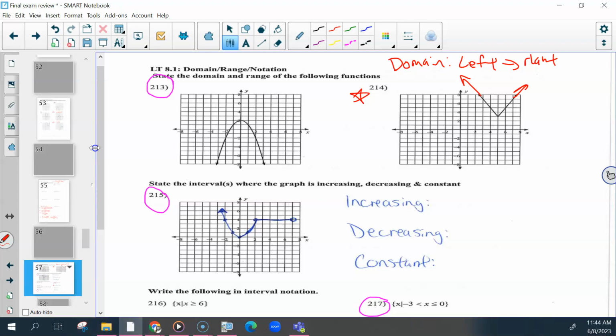So there are no stopping points. So if it keeps going left and right, the domain is going to be all real numbers. I'm going to write it both ways. Either in interval notation, negative infinity to positive infinity, or in set notation, x is an element of the real numbers.